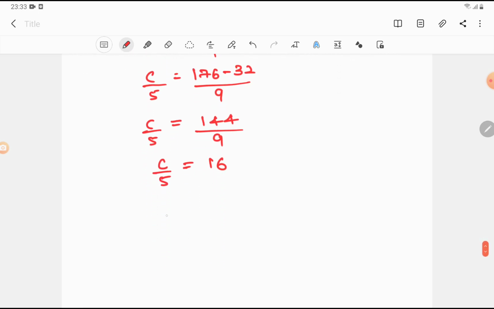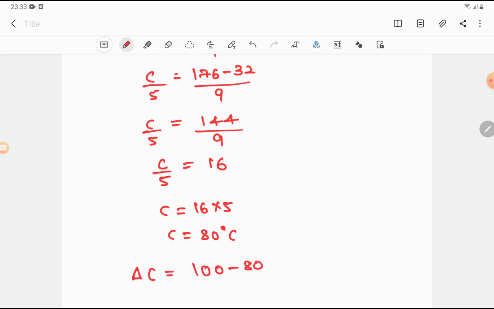So C is equal to 16 into 5, that is 80 degrees Celsius. But our water boils at 100 degrees Celsius, therefore fall is 100 minus 80.